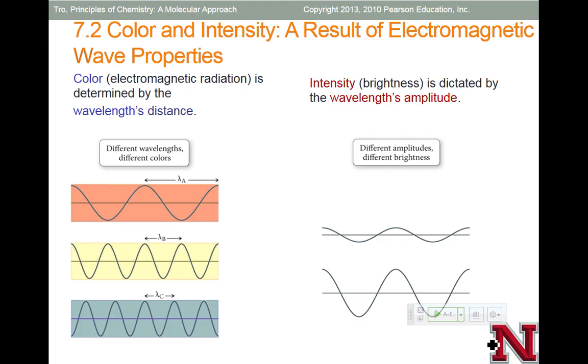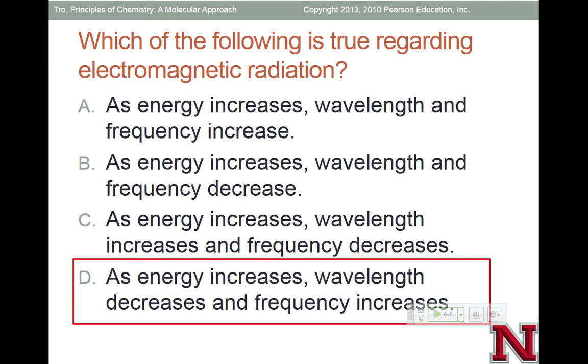But how bright that color is actually depends on the amplitude of the wave. So, of course, as energy increases, wavelength decreases, so frequency increases. Remember, the more times you're going through a point, the higher the frequency, so the higher the energy. And then wavelength is opposite from that.